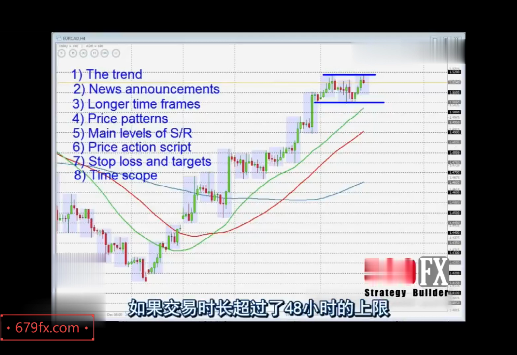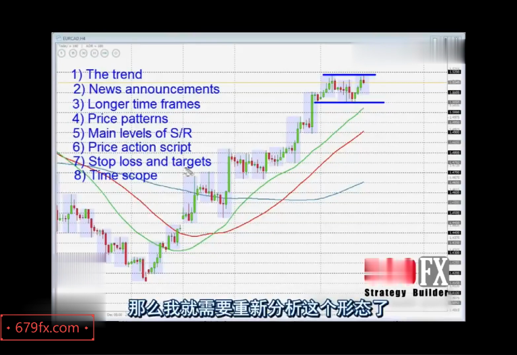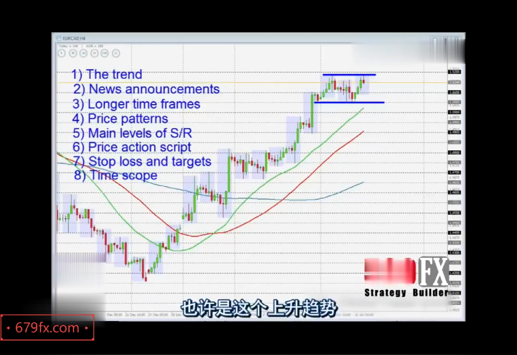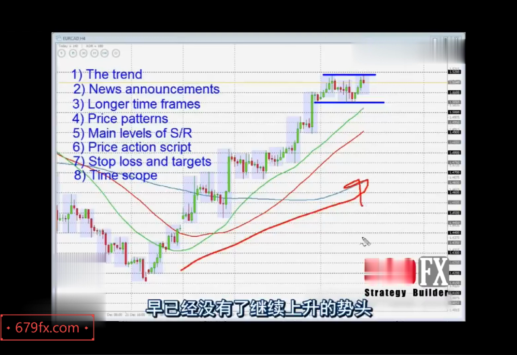If it stretches out beyond the 48 hours time limit, I will have to reassess the situation, because like I say, perhaps I have either mistimed my entry, or this uptrend that you are seeing right now just doesn't have any more gas left.